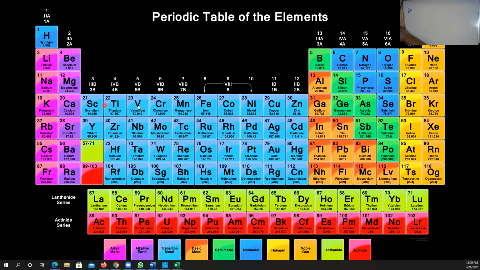So for this first row of our D electrons, we are going to be in the 4s sublevel when we have our potassium and our calcium here. But when our D electrons start, scandium starts with 3d1. So this is 4s1, this is 4s2, this is 3d1. Then 3d2, 3, 4, all the way up to 3d10.